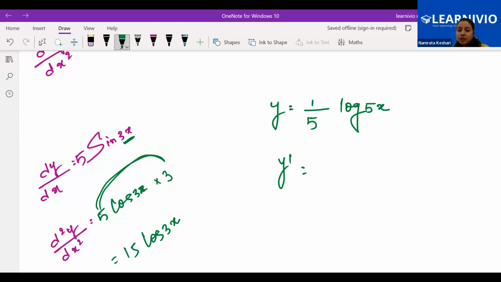Okay. What will be the result? 1/5x into log 5. Is it log 5?